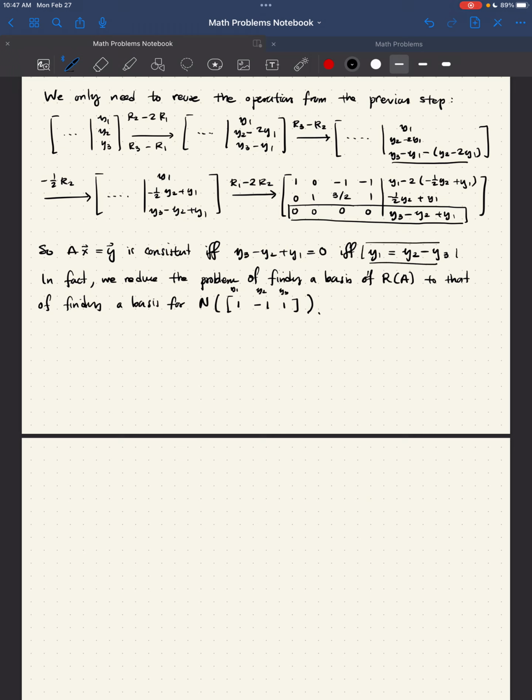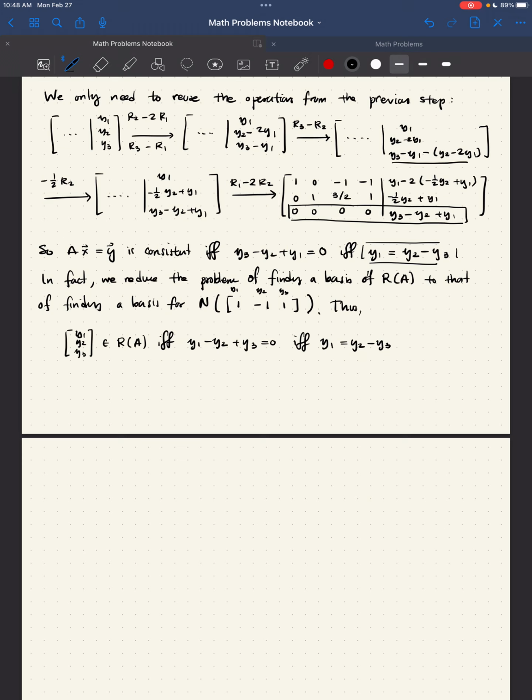So, we have y1, y2, y3 belongs to the range of A if and only if y1 minus y2 plus y3 is equal to 0, which happens exactly when y1 is equal to y2 minus y3.